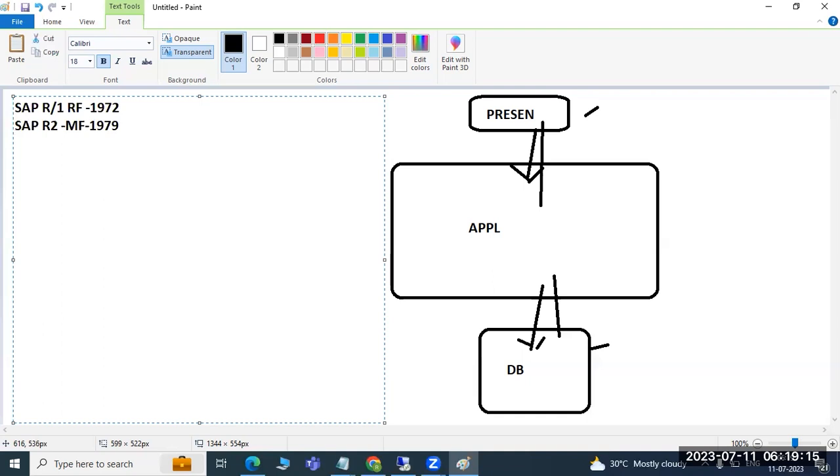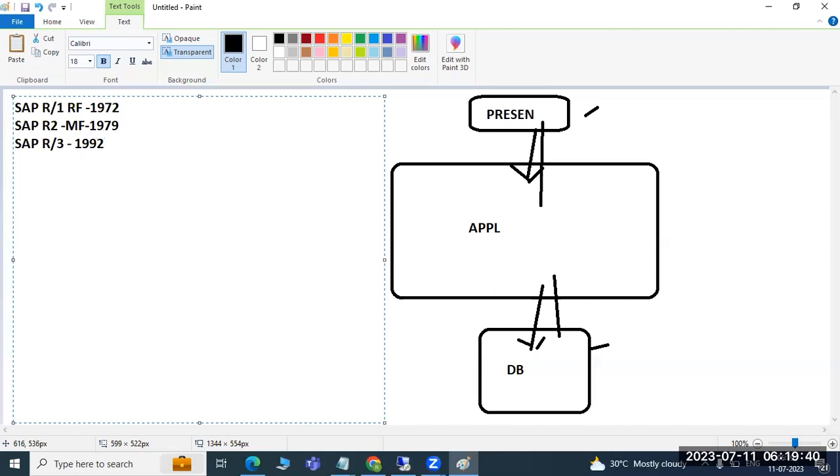Then after that, in 1992, they released the R3 architecture. So SAP R3 came in 1992, after 1979 and 1972.